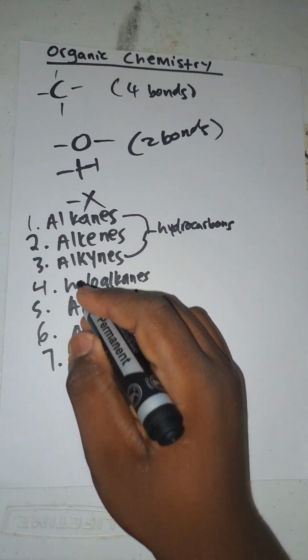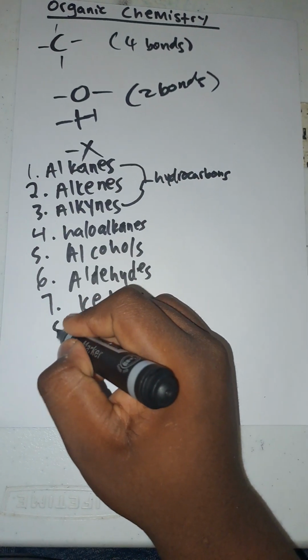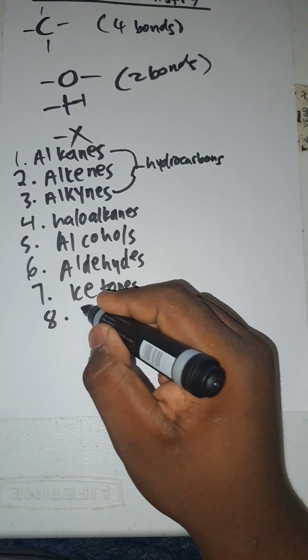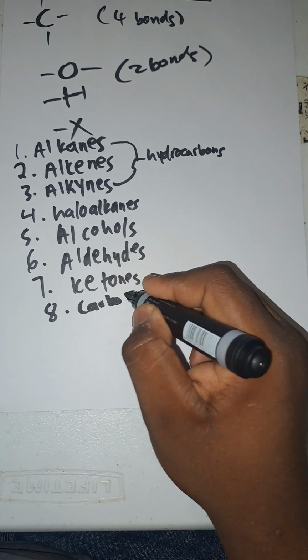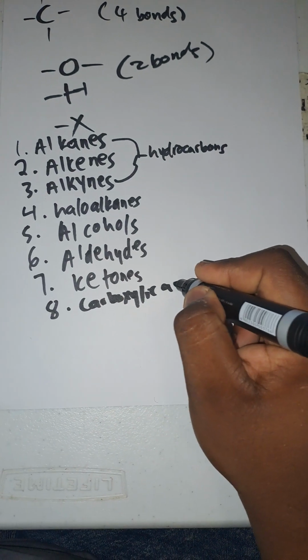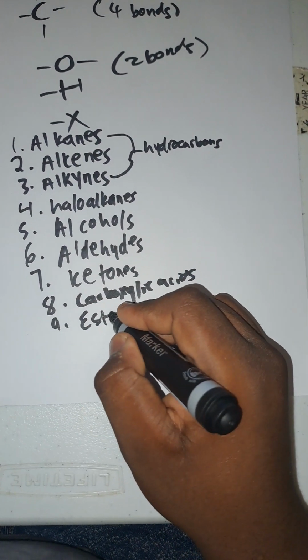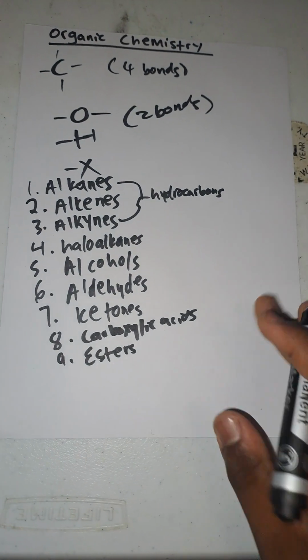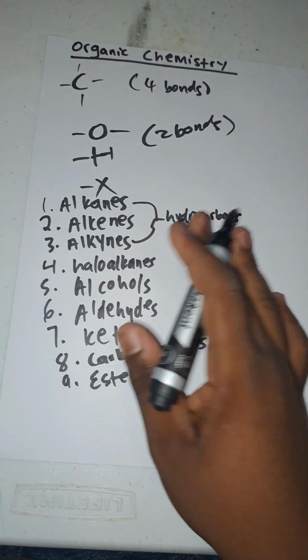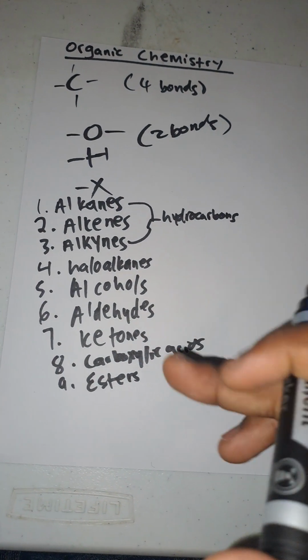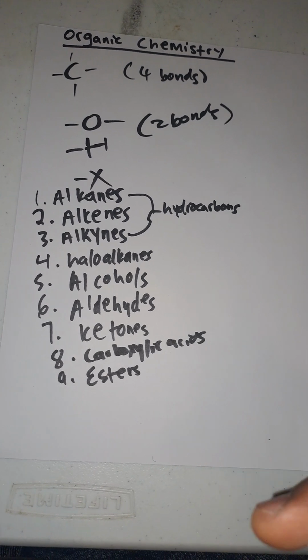Number 8, we have carboxylic acids. And number 9, the last one, is esters. These are the things that we'll be dealing with in organic chemistry.